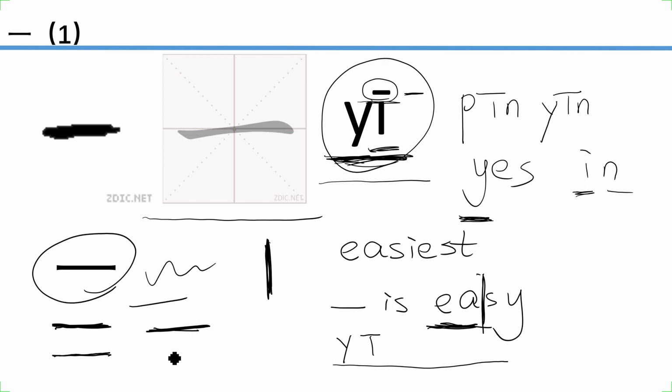Write on the paper from left to right like this. Yī, yī, yī, yī. Don't be shy. Talk to yourself or to anyone. Yī, yī, yī, yī. That's it. See? Very easy.